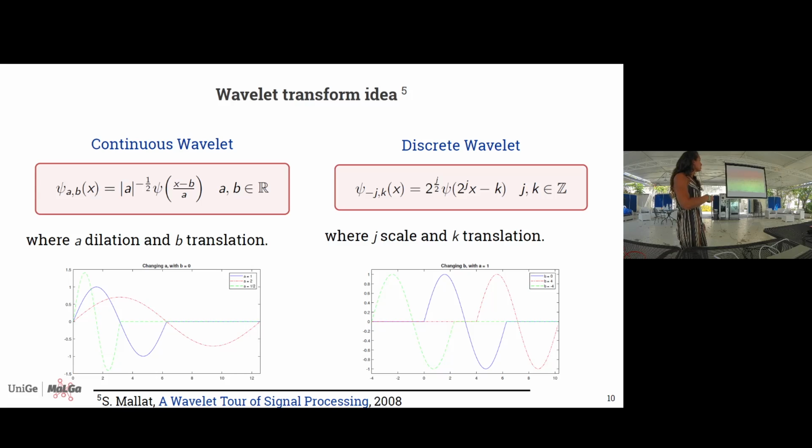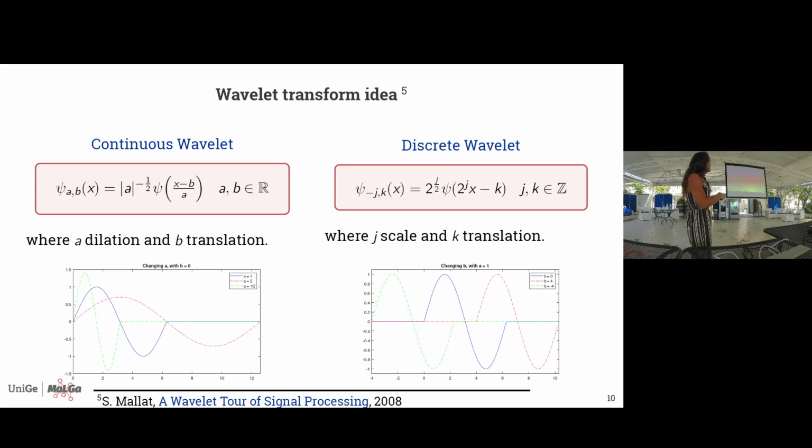Changing A changes the velocity of the oscillation of psi, while changing B translates the wavelet psi along the time domain.